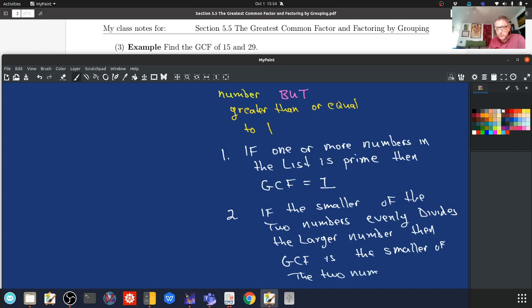And these are really helpful facts about the GCF.